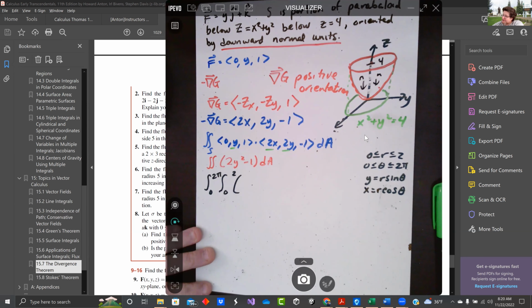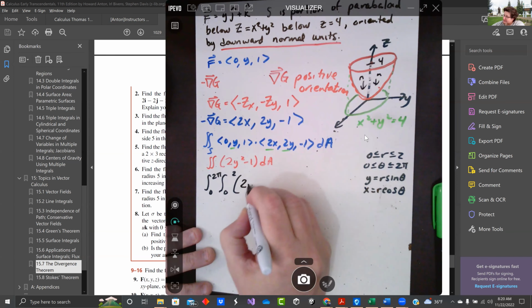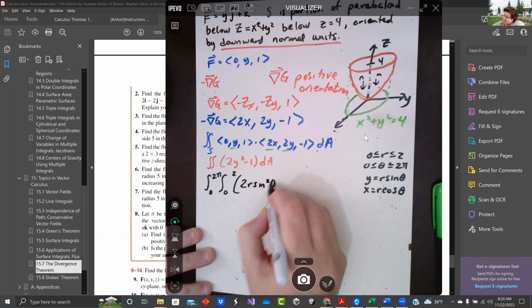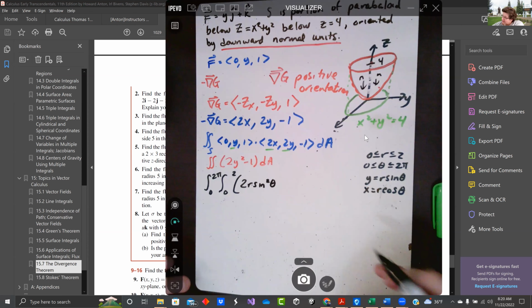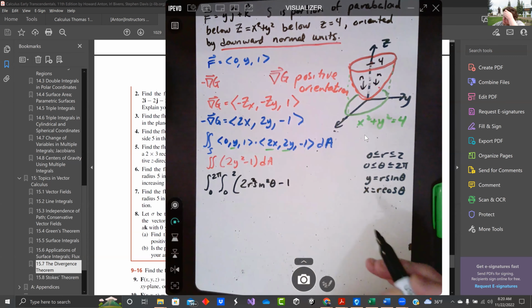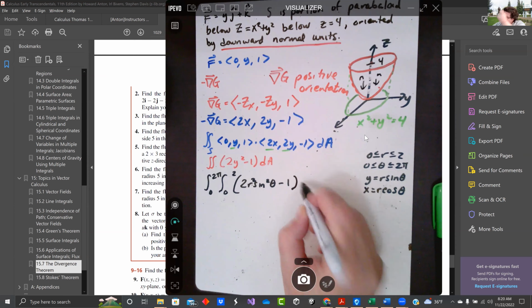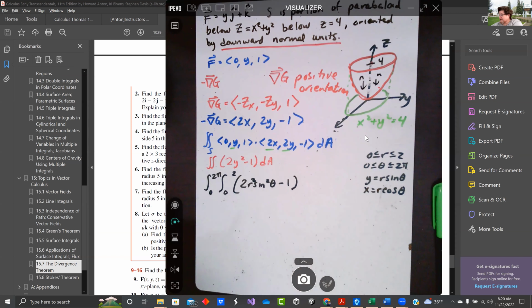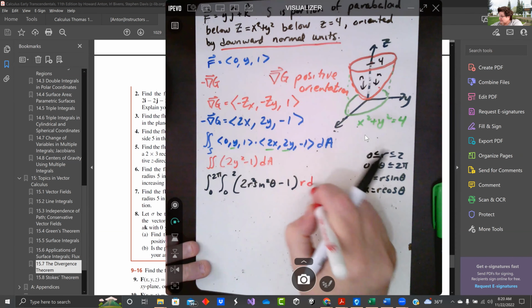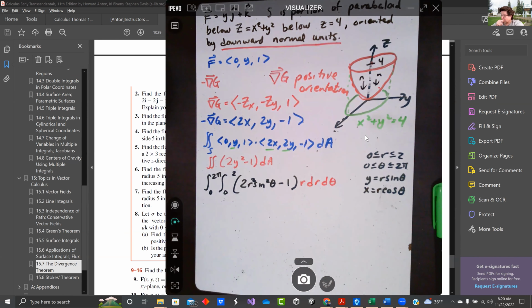Let's see. So we've got 2 times y squared, so 2r squared sine squared. And then I've got my minus 1. That's good to go as is. And I didn't square that. And then our dA is, don't forget the correction factor, r, so r d theta.